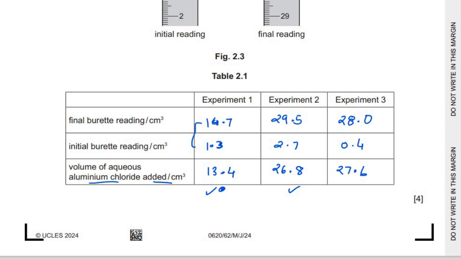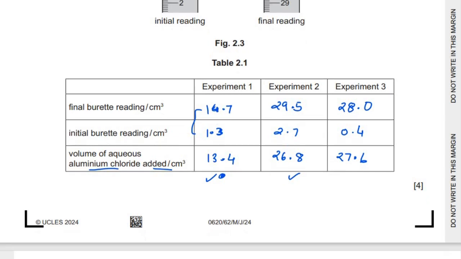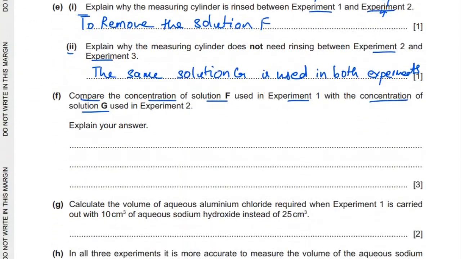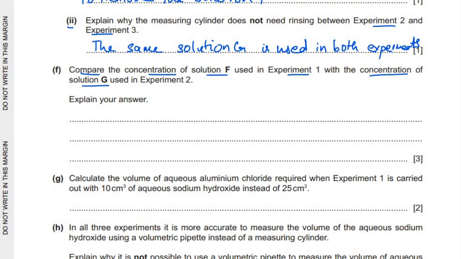Now aluminium chloride is used in the burette and the NaOH solutions, that is F and G, are used in the conical flask. So if the aluminium chloride used is double, obviously the concentration of NaOH solution G also should be double. So how are we going to compare the concentration of solution F and G?